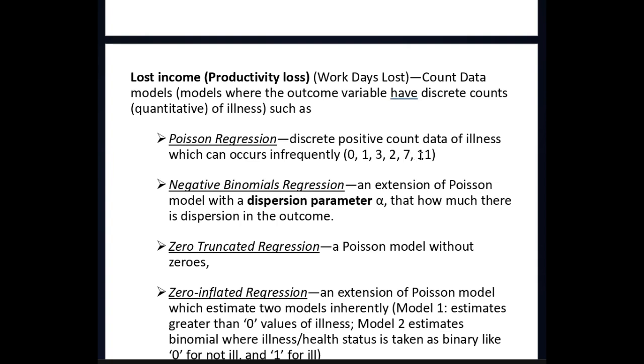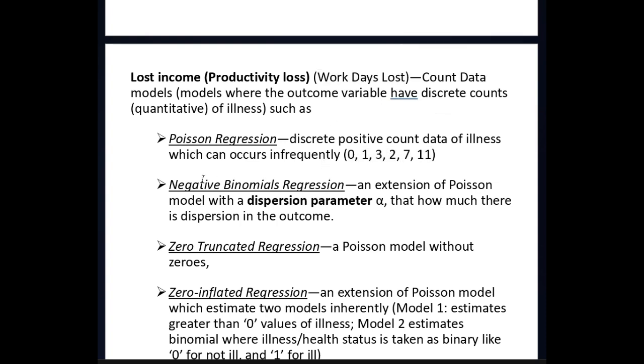I just put 6 or 7 values for understanding, but your sample size might be in hundreds or thousands, so there can be dispersion. In order to check whether there is dispersion, you have to estimate an extension of the Poisson regression model, called negative binomial regression, which adds a dispersion parameter alpha, showing how much dispersion there is in these outcomes, your work days lost.